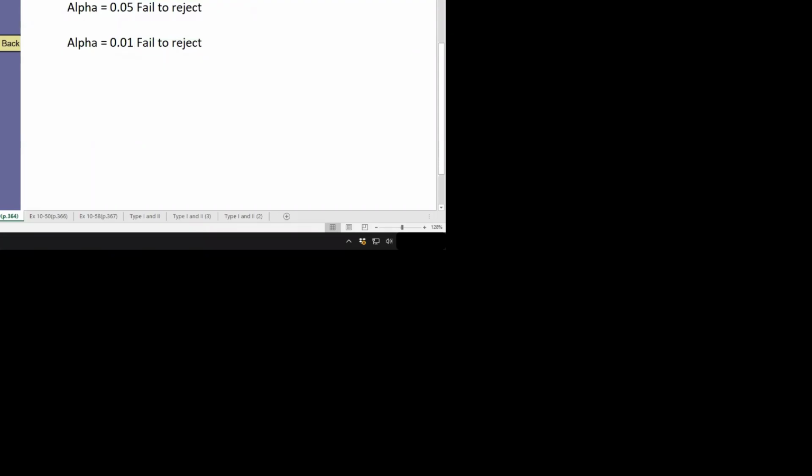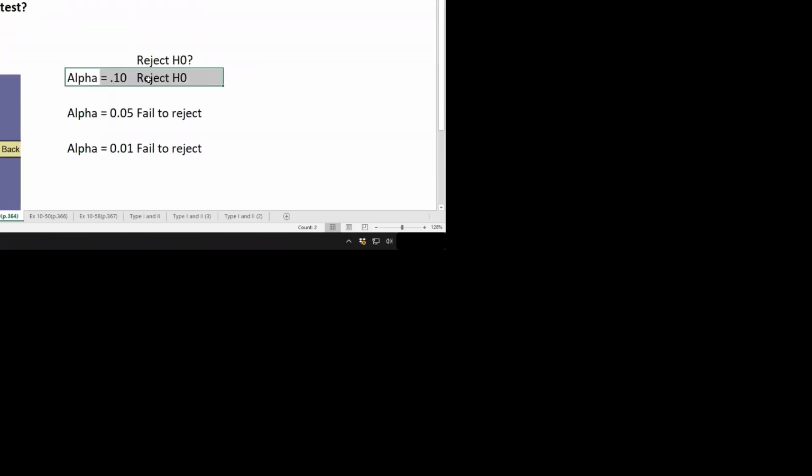So if Jeff sets his alpha at 0.1, he will reject the null hypothesis and conclude that the bags are being underfilled when in fact they may not be being underfilled. So that would be the definition of this 0.1 alpha.